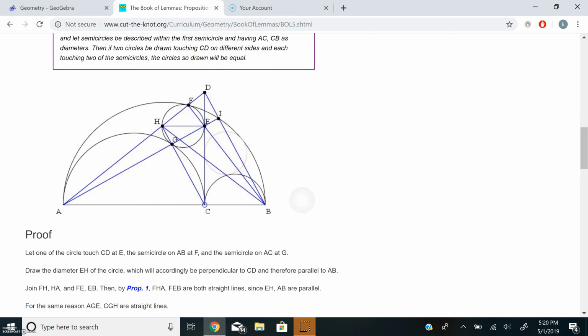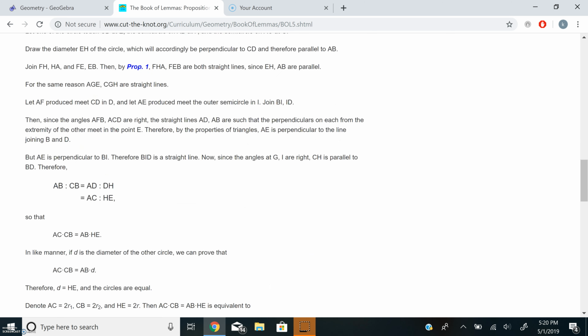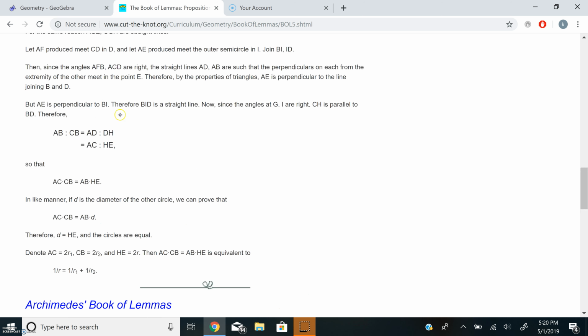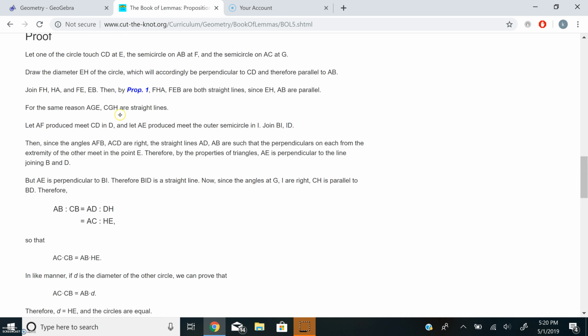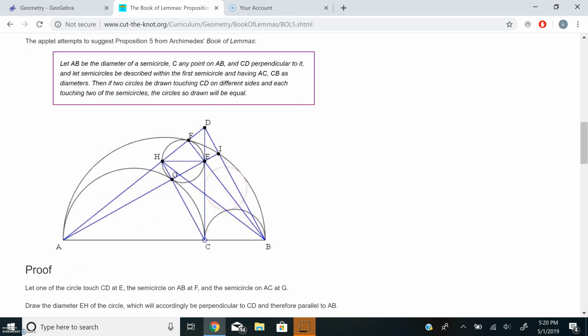And then we see that the ratio of AB to CD is equal to the ratio of AD to DH, which is equal to the ratio of AC to HE.